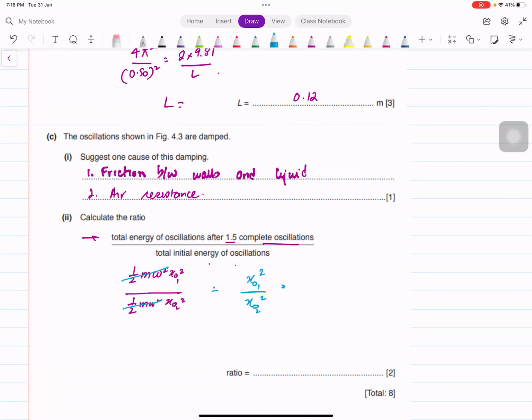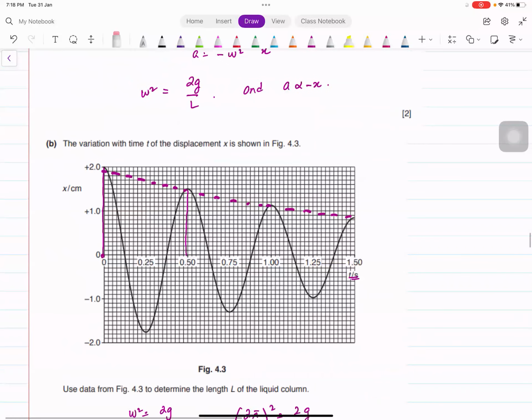Now, after 1.5 oscillations, 1.5 means this is one complete oscillation, right? This is another oscillation. Oh, we need to do 1 and 1.5. 1.5 would be somewhere here, I think, right? What do you guys say?